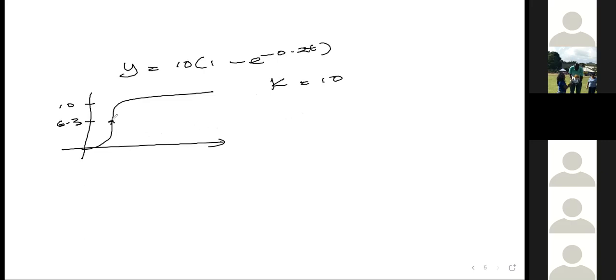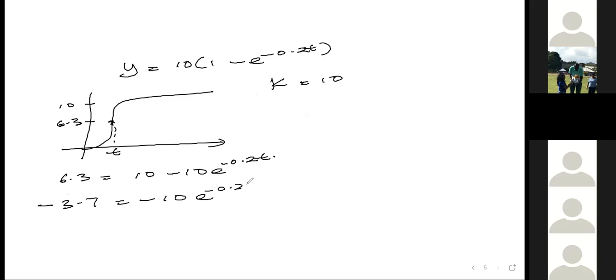So 6.3 equals 10 minus 10 e to the minus 0.2t. So that will be minus 3.7 equals minus 10 e to the negative 0.2t.